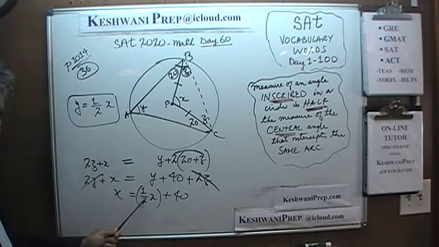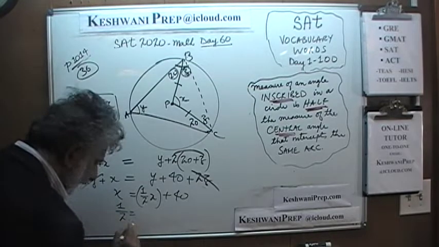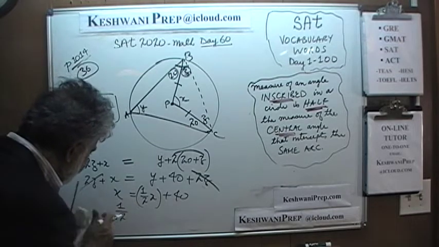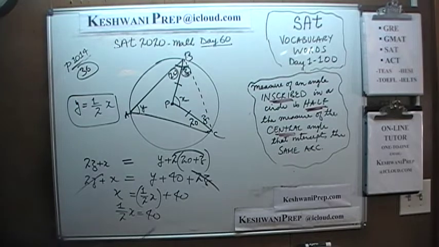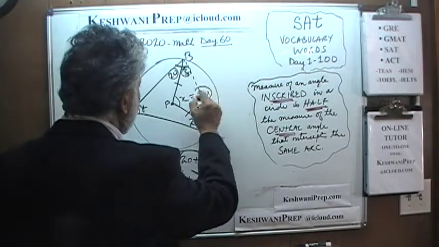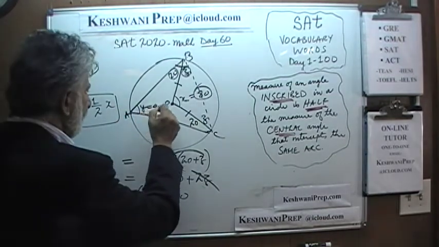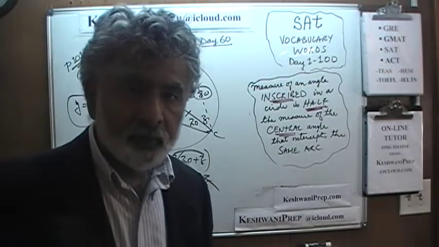X minus half X is going to give us half an X, which is equal to 40. If half an X is equal to 40, then X must be 80. That's all. Because this guy is 40, we just found out that Y is 40. That's it. That's one way of doing it.